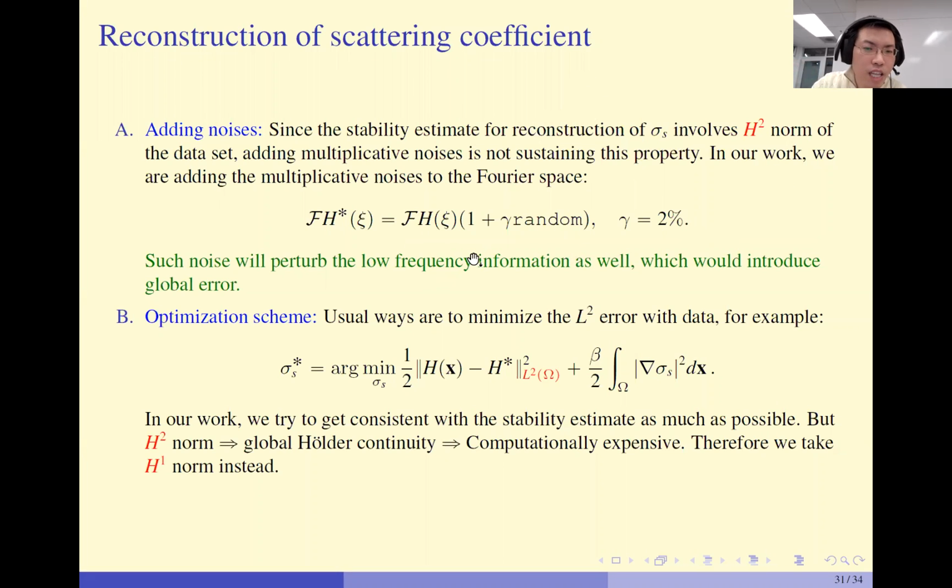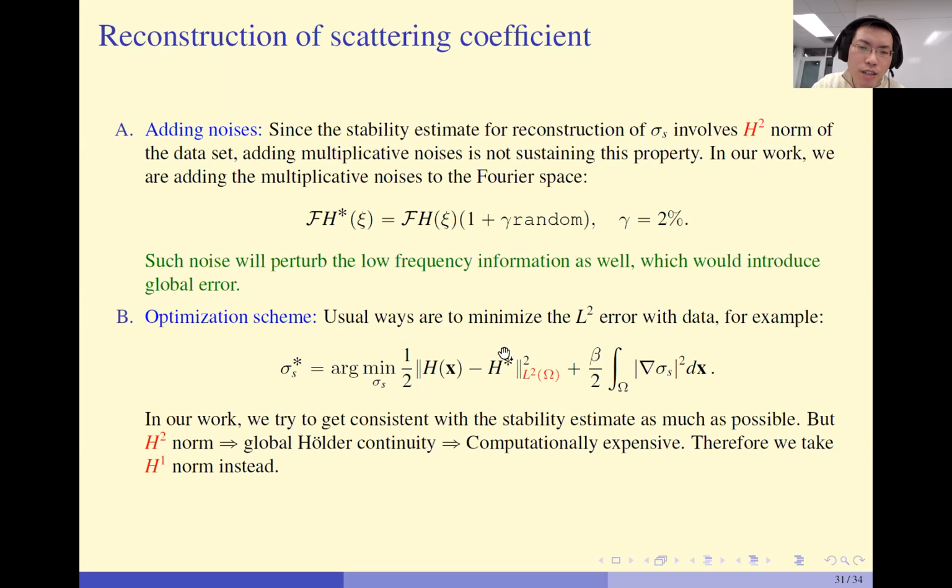However, this way of adding noise is pretty bad in practice, because it not only perturbs the high frequency information, it also disturbs the low frequency information. So you will expect that the data is going to give you all kinds of perturbation in the reconstruction at different frequencies.